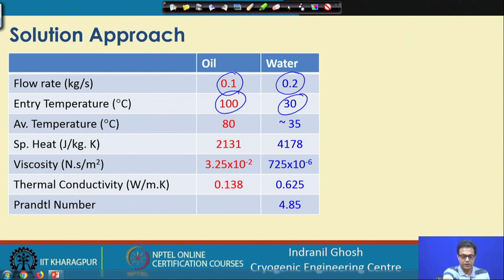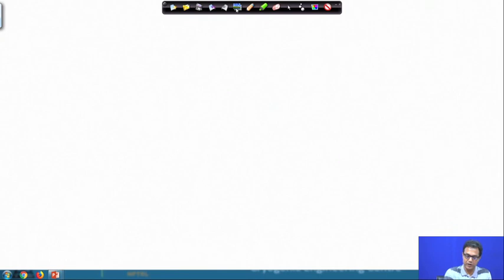So, if this exchanger is trying to cool the oil to 60 degree centigrade, then what is the amount of heat transfer that is there?